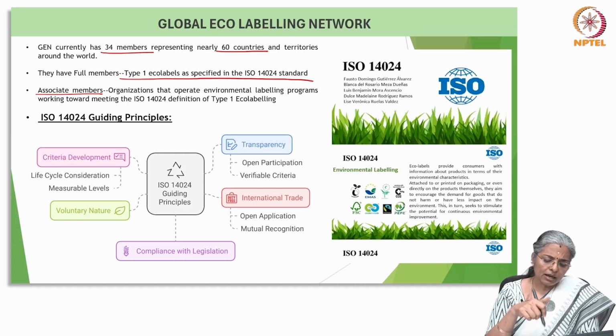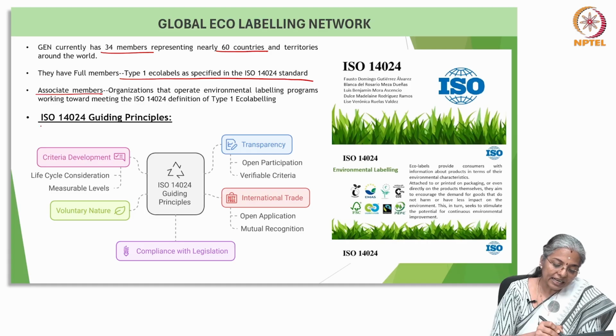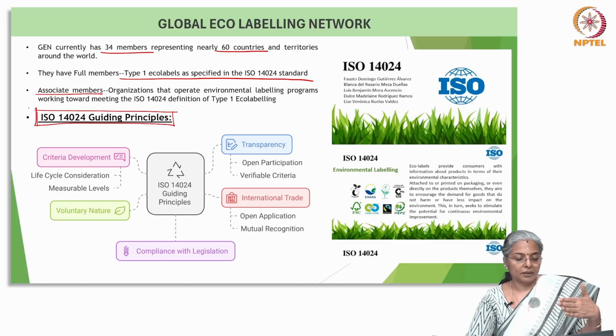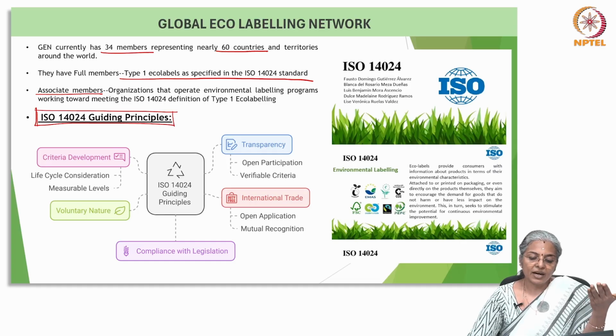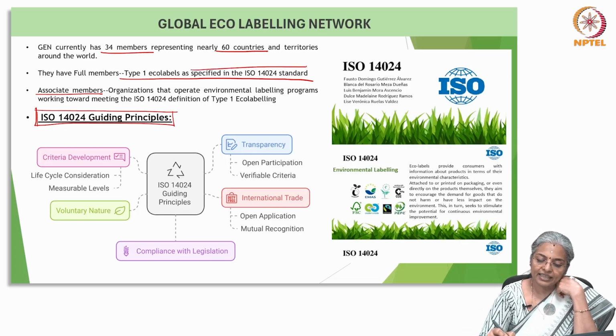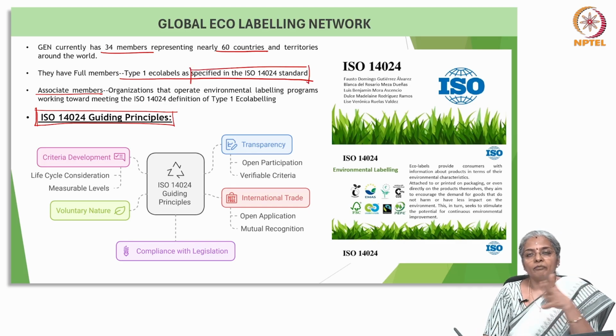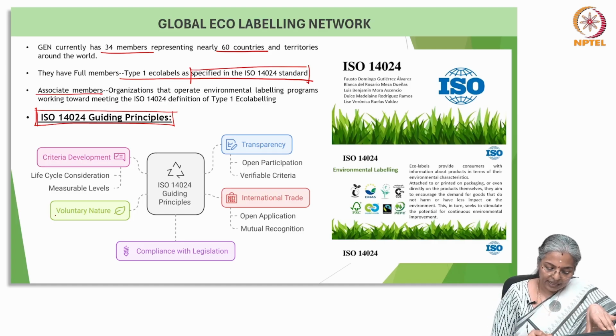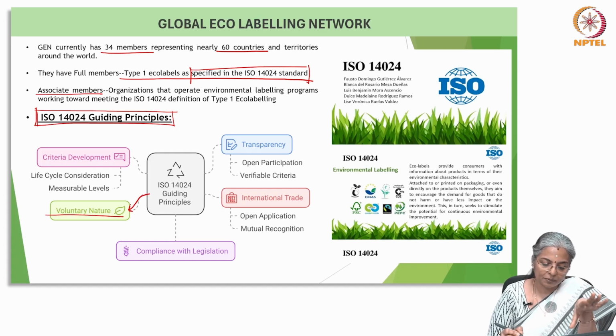Now, let us look at the guiding principles of ISO 14024, because we said that they are the benchmark standards that most people follow, which is specified in these standards. So, there are various principles. They are voluntary in nature, that is the first principle.